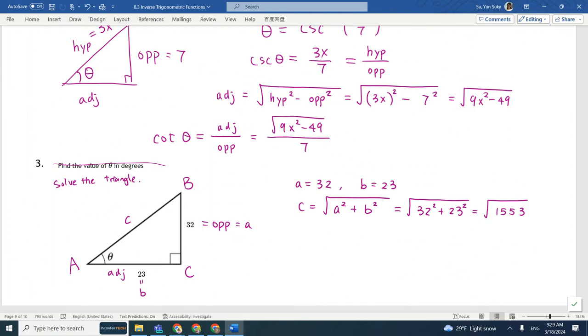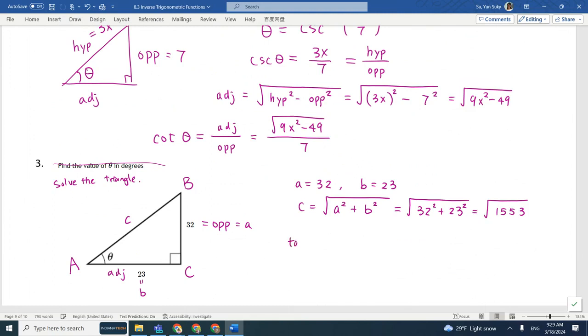Now, let's find the angle theta. Okay, we can call it angle A. Because now you know all the sides, you can use any trig function. But because we already have 32 and 23, they are integers, we can use those two to figure out the angle. Opposite and adjacent. What trig function relates to them? Tangent, right?